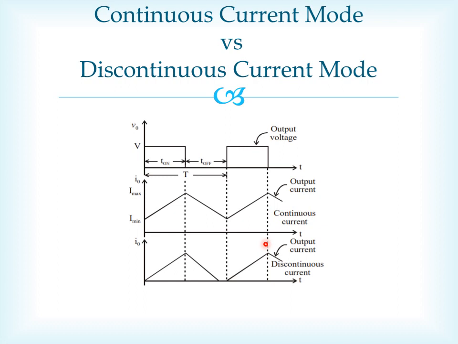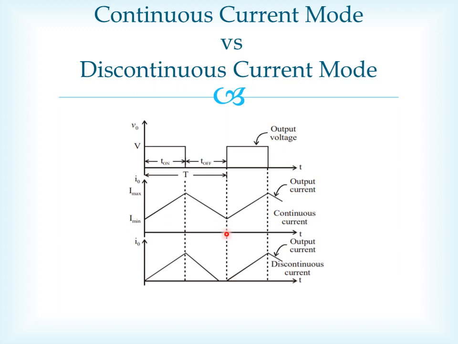In electrical engineering, we also study a circuit in discontinuous current mode. Second thing, we put a boundary here. The boundary condition, the difference between continuous and discontinuous current mode, is the point when I minima just touches 0.